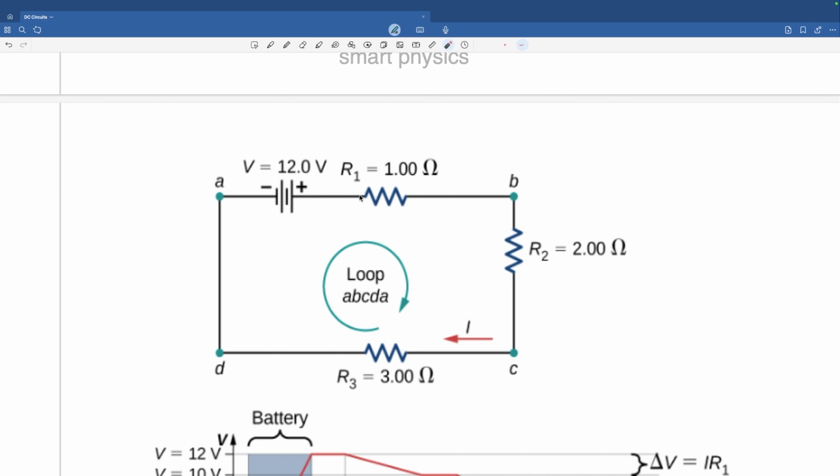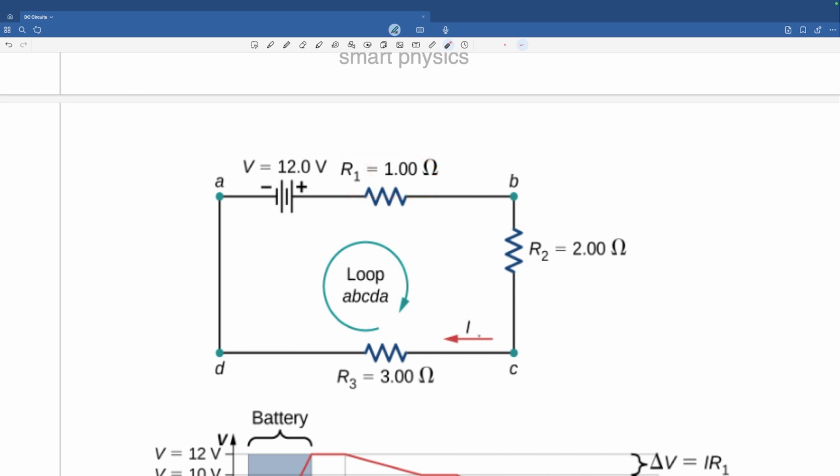Another way to understand it is this. This end of the resistance is going to be positive because it's connected to the positive of the battery, which means this end is negative. So now when you go from here to here, you're going from positive to negative. That's why it's dropping. How much is it dropping? Whatever the current is multiplied by the resistance.